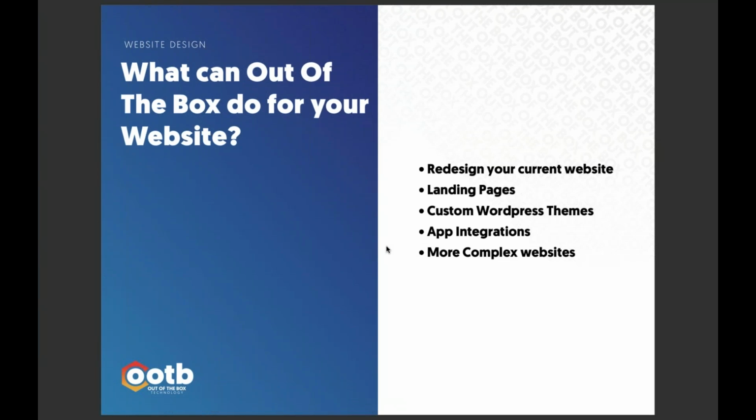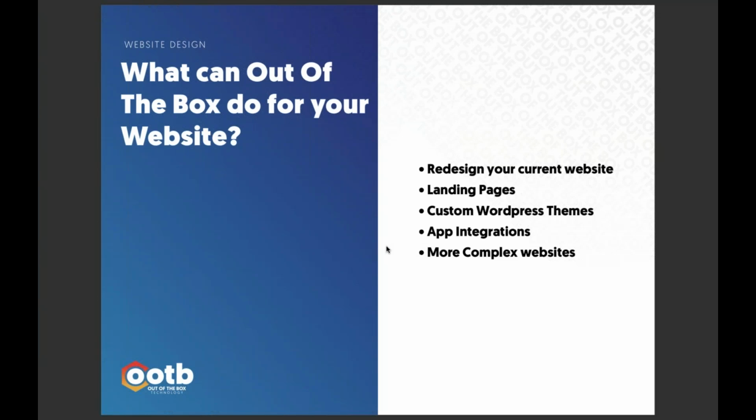So what can out-of-the-box technology do for your website? We can do a lot of things for your website. Definitely something to think about while we're going through this: is it time to redesign your website? Is it mobile compatible? Do we need to fix that? We can also make and design landing pages.